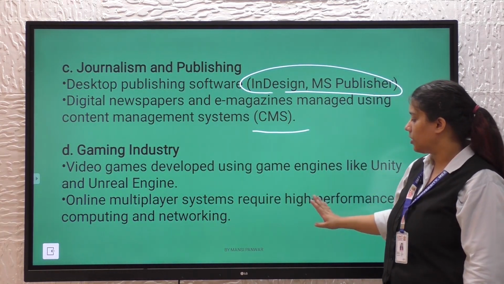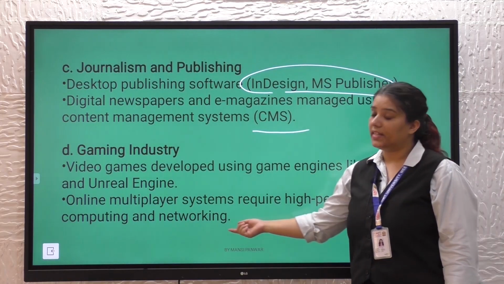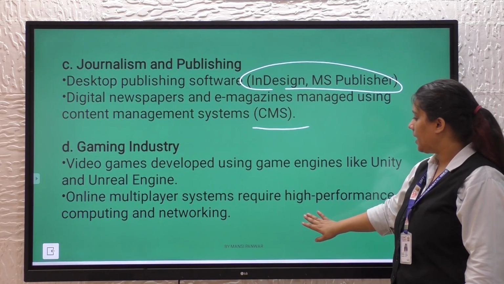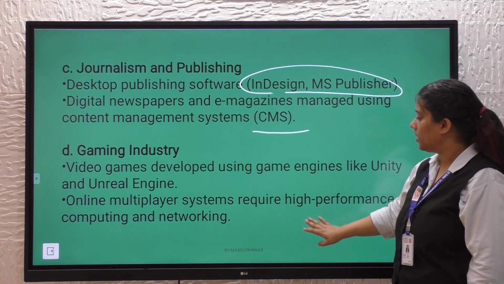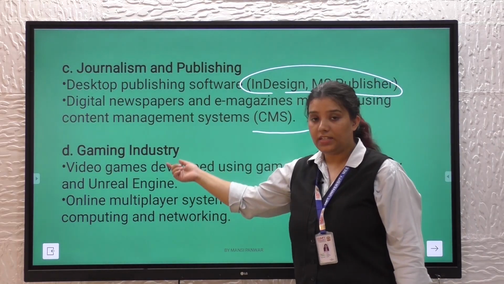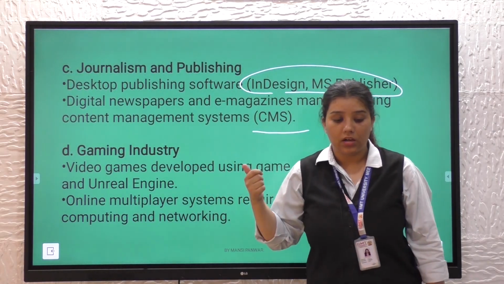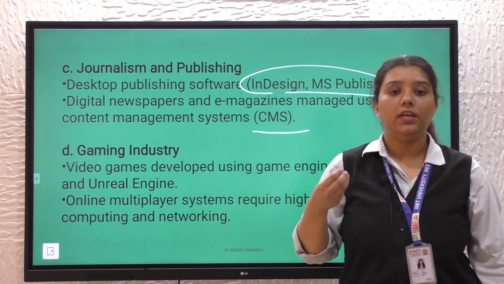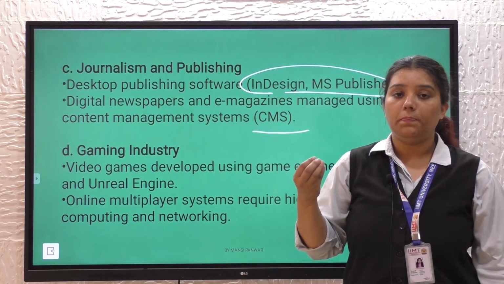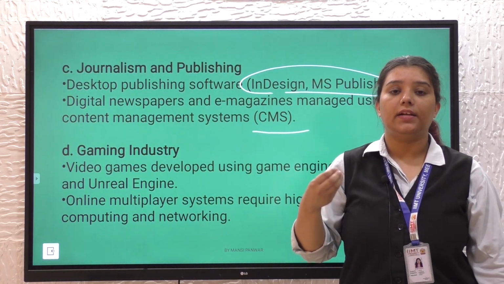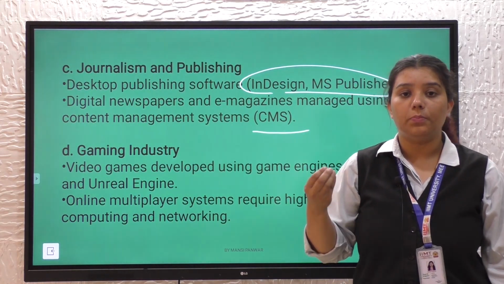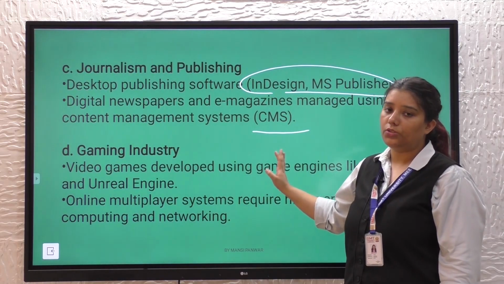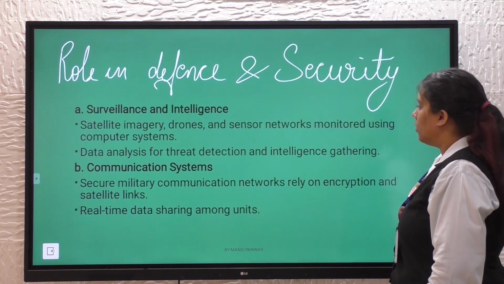Online multiplayer systems require high performance computing and networking, because in the gaming industry there is a vast use of computers and we require a high knowledge in that to implement those tactics that are required to invent or make a game. So computers play a very important role in the gaming industry also.